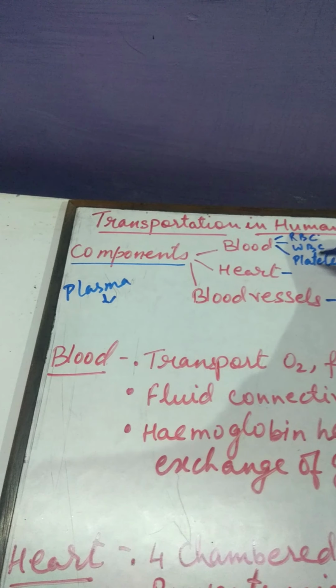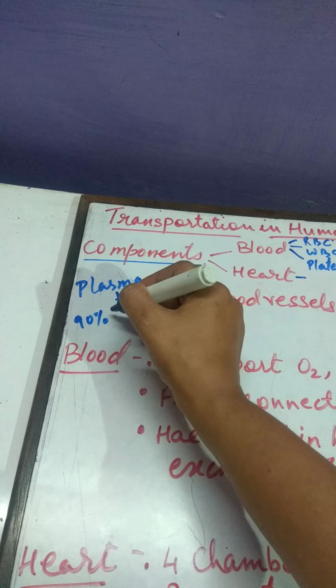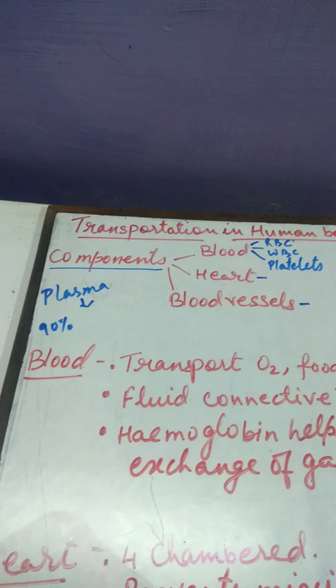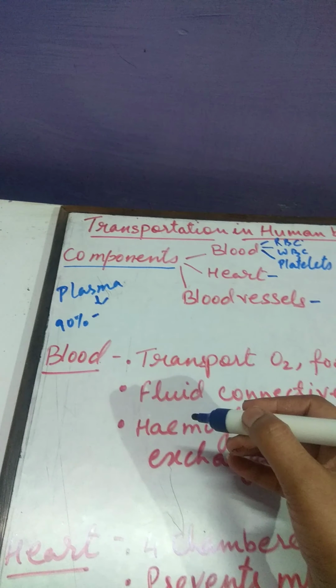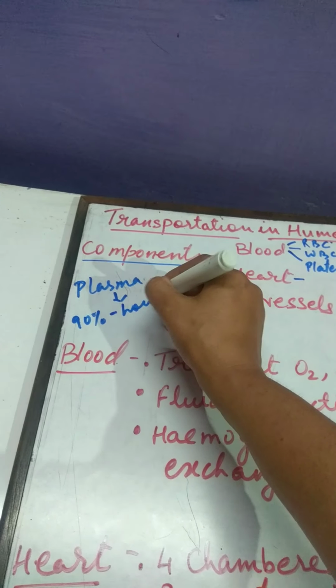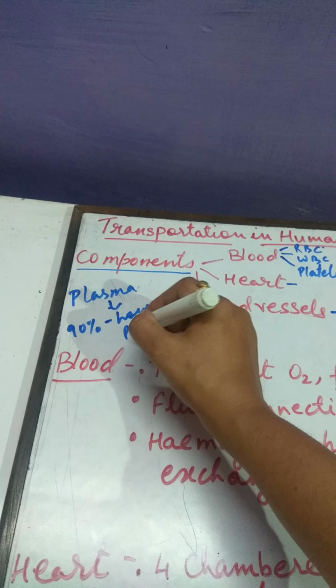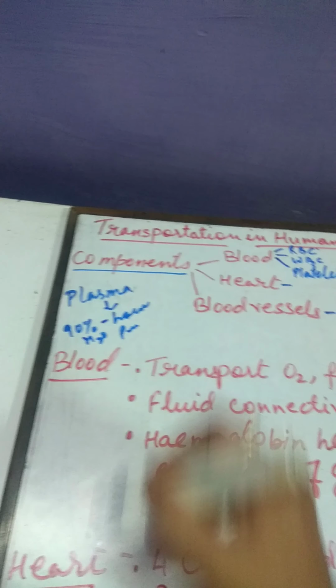Along with it, it is having 90% of water. Clear? So, plasma helps in the movement of these cells, hormones, proteins dissolved in it. 90% water is in it.